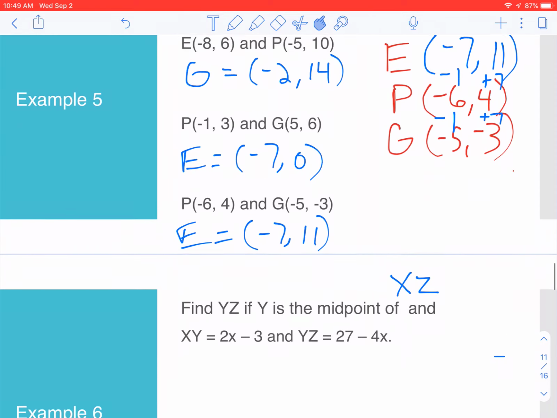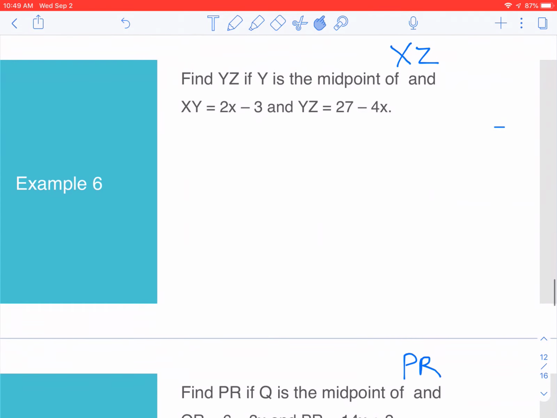All right, our last type of problem here you're going to see in the homework. We're going to be drawing out our segments again here. Okay, so find YZ if Y is the midpoint of XZ. So I'm going to draw XZ. Oh, I guess I got to draw my points at the end of that.